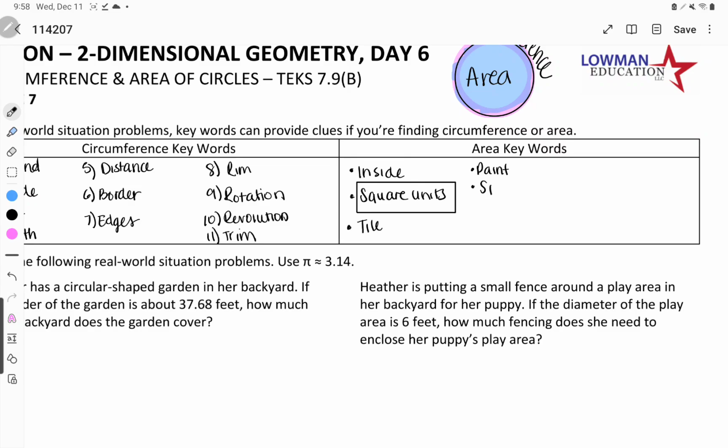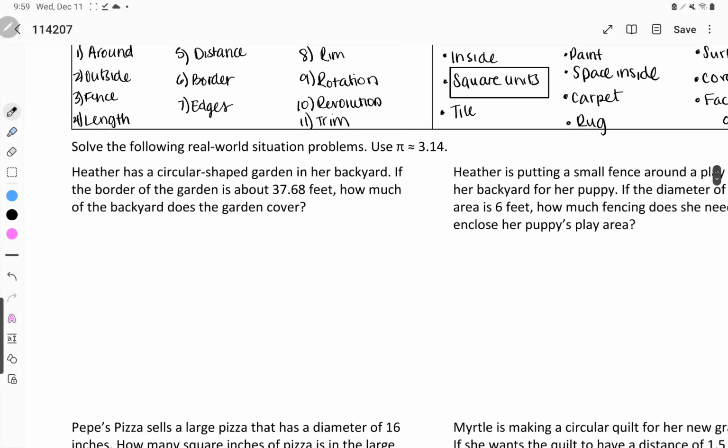If it says space inside, carpet, because your carpet's going to cover the entire space, rug, surface area, obviously because it says area, cover, or face of object. So all of these mean area, but the really big one is square units, or if you see an answer and it has your units squared, so if it says like inches squared, then you know that you're using area. So let's go through these examples and see which one we're going to use.